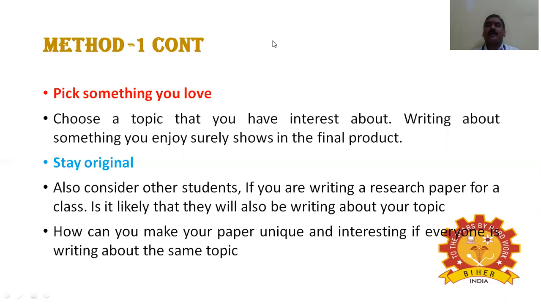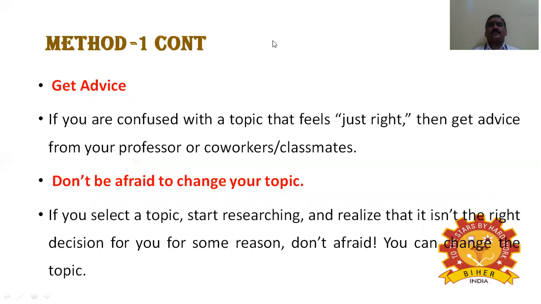Also consider the other students. If you are writing a research paper for a class, is it likely that they will also be writing about your topic? So how can you make your paper unique or interesting if everyone is writing about the same topic? Next, get active.